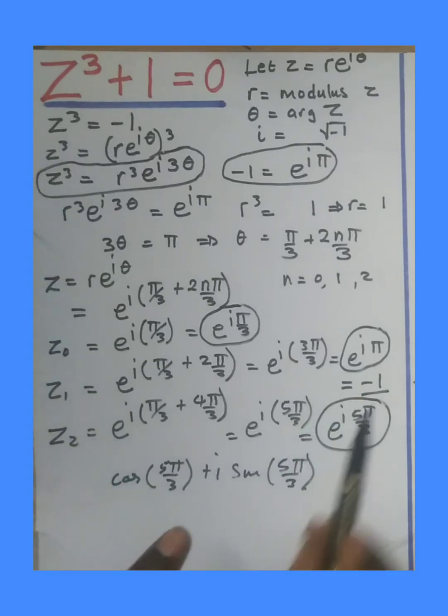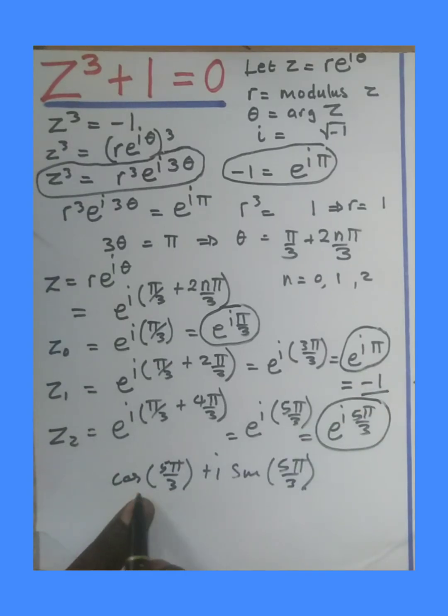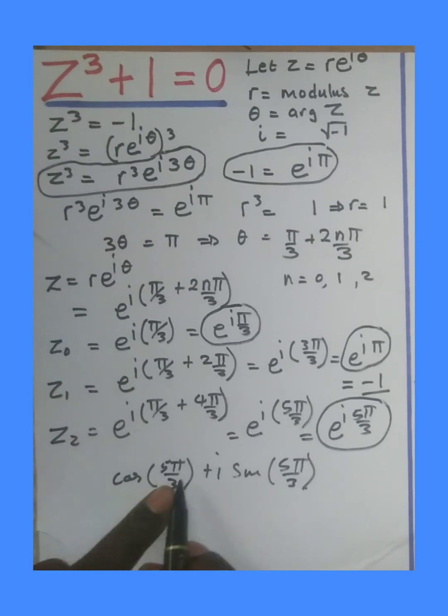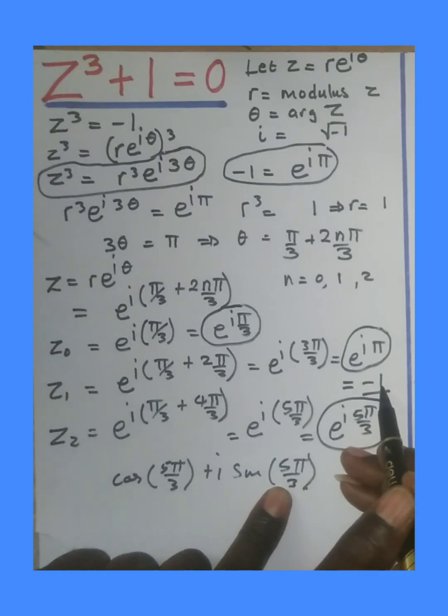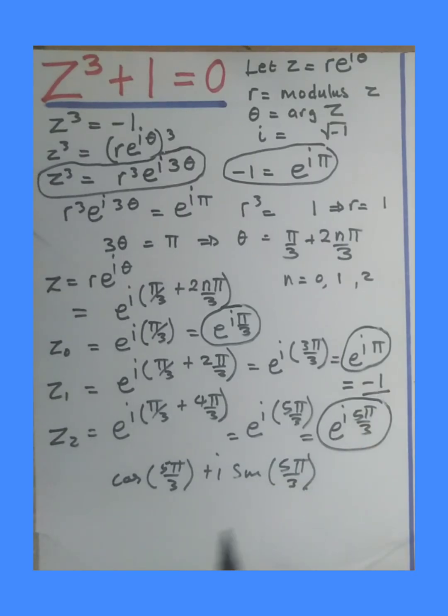For this one here, you put your pi, you get your pi here. Cos of pi is minus 1 and sine of pi is 0. So you end up with a minus 1. So once again, these are the 3 cube roots.